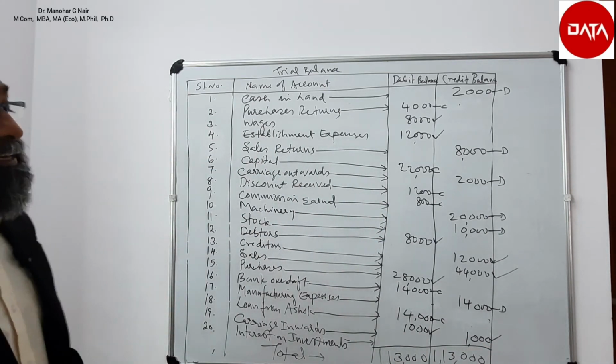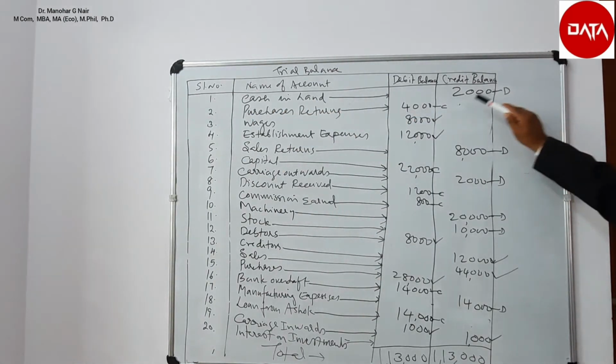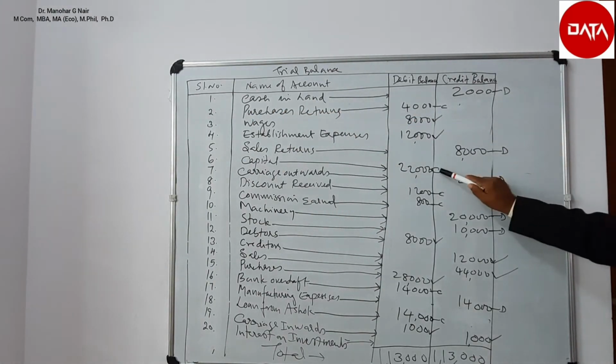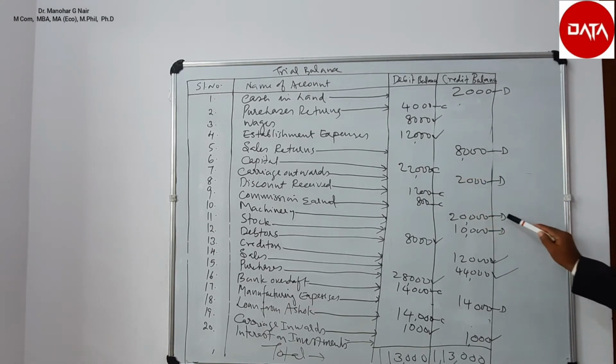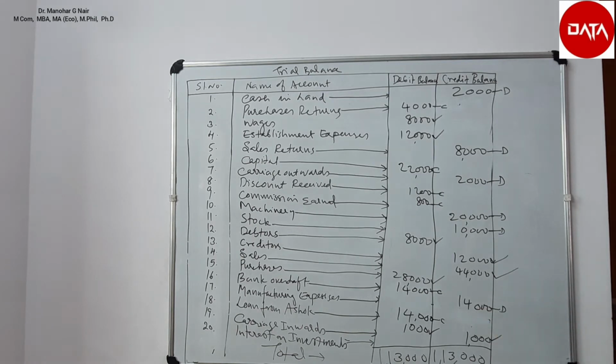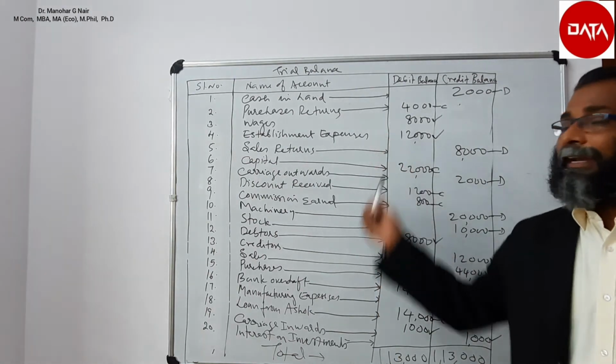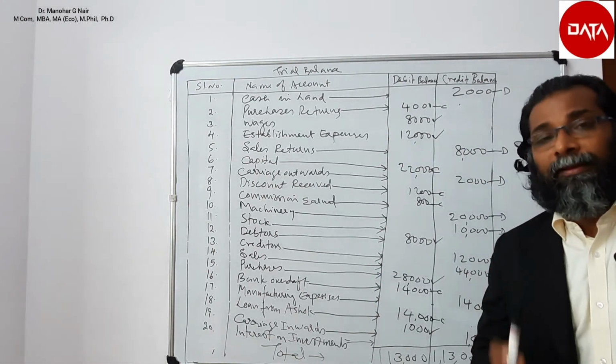So in this given trial balance, there are 1, 2, 3, 4, 5, 6, 7, 8, 9, 10, 11, 12 items. Out of these 20 items, 12 items are written in this trial balance in a wrong manner.